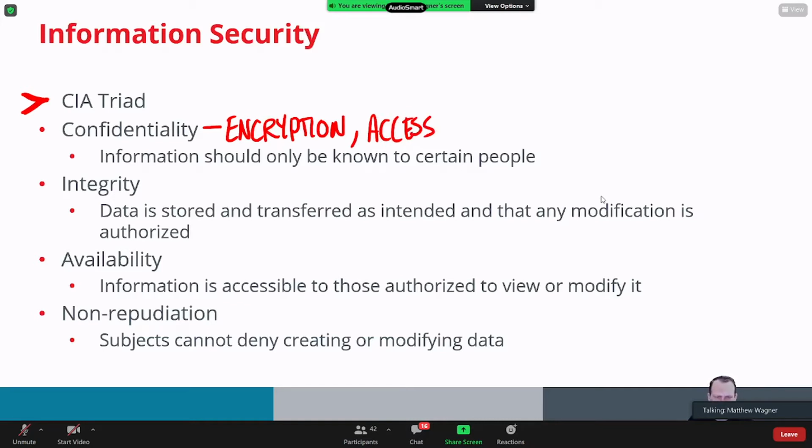I could say need to know. All these different things apply some level of confidentiality. Like I could encrypt the file and limit who has the ability to gain access to the encryption key, thereby sort of providing access control and limiting who can decrypt the file, thereby keeping our secrets secret.